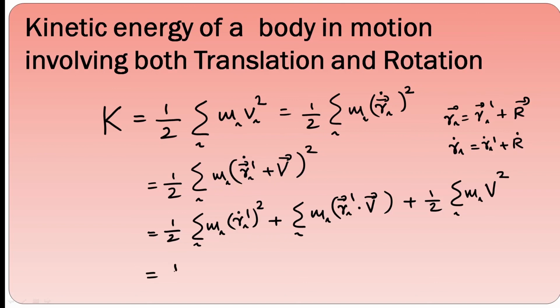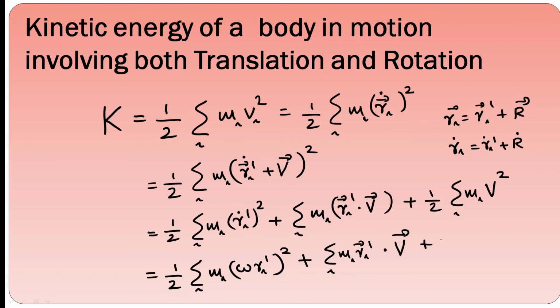Now r_i prime dot is omega times r_i prime, so the first term is half summation m_i (omega r_i prime) whole square, and the last term is half m v square. And do remember that summation over i of m_i r_i prime, the sum of moments about center of mass, is 0. Now the second term vanishes.